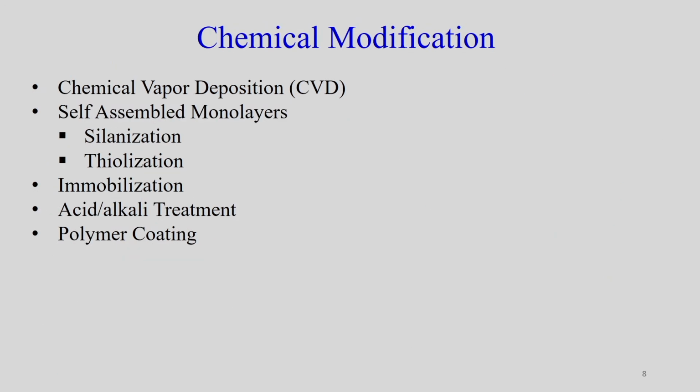In case of chemical methods, as I told, in case of physical we had the solid. Now, here we are going to have the liquid or directly the gas phase. This will be converted to the vapor and deposited on the surface, that is again the solid.